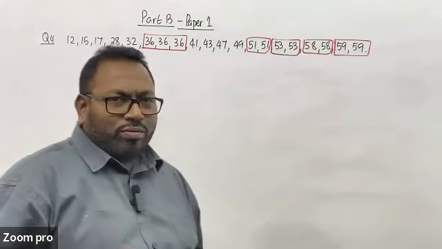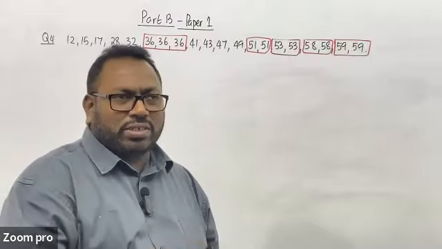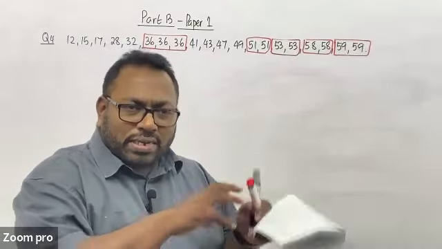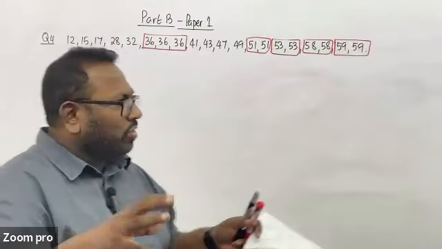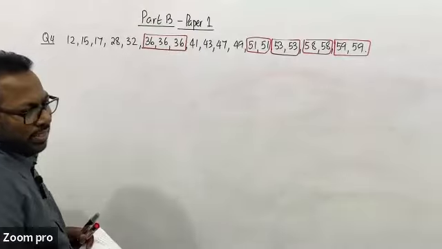So therefore, what is your mode? The highest frequency of a term in a given data set. So here the mode therefore becomes 36.